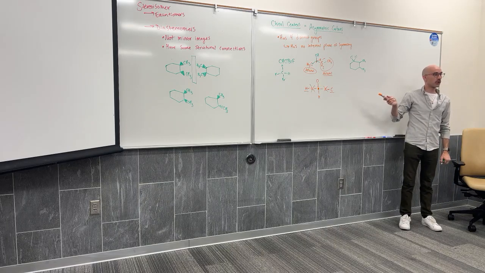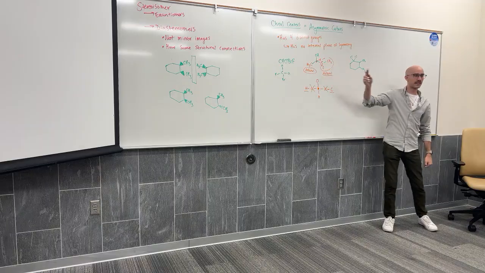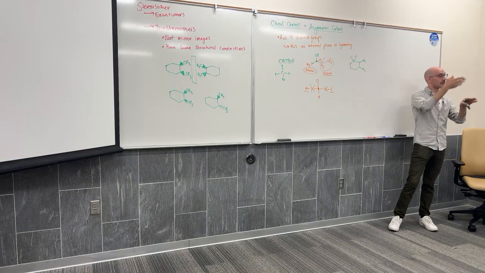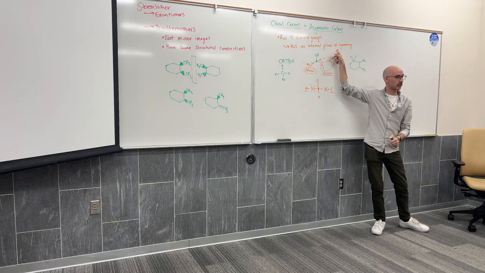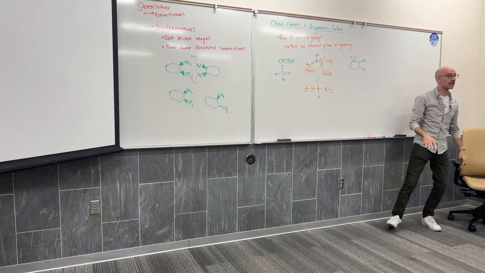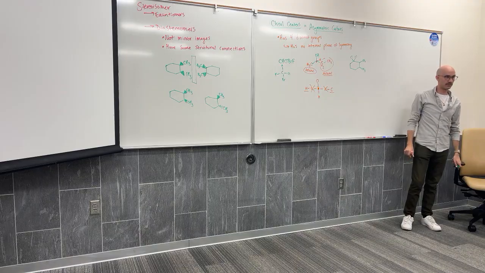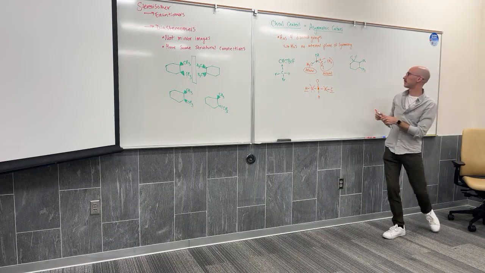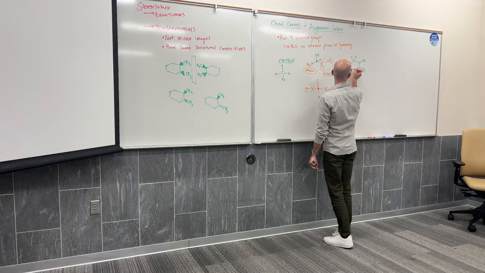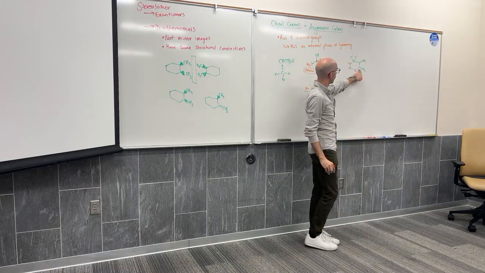Is it fair for me to rule out all of my CH2 groups? We already said that if it's attached to 2 hydrogens, those 2 hydrogens will be symmetric to each other, and that carbon will have an internal plane of symmetry, and it will be symmetric, which makes it achiral. Achiral, achiral, achiral. What about this carbon?